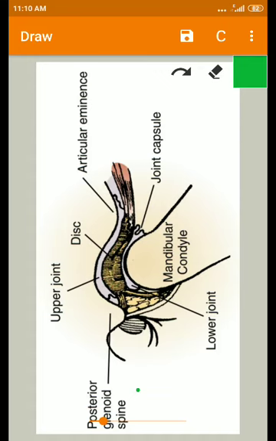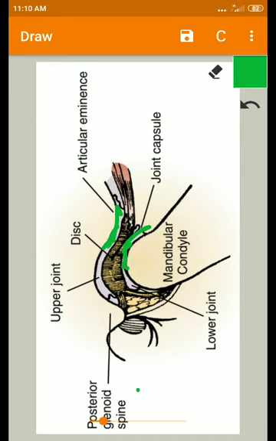All of these joint surfaces except the articulating surfaces are covered with synovial membrane. That means the articular surfaces are already covered by fibrocartilage, isn't it? That means over the mandibular condyle and also on the articular eminence.